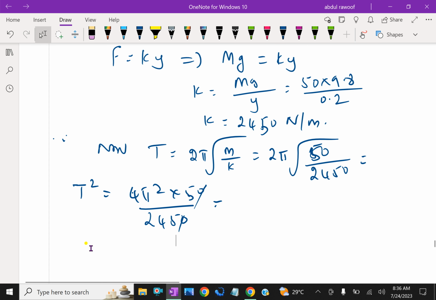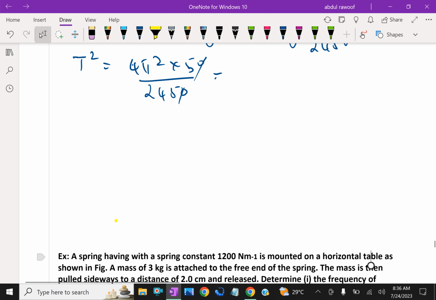Then from this we know the mass. Here this mass we cannot take as 50. The mass we have to keep as m, because 50 is only the range of the scale.